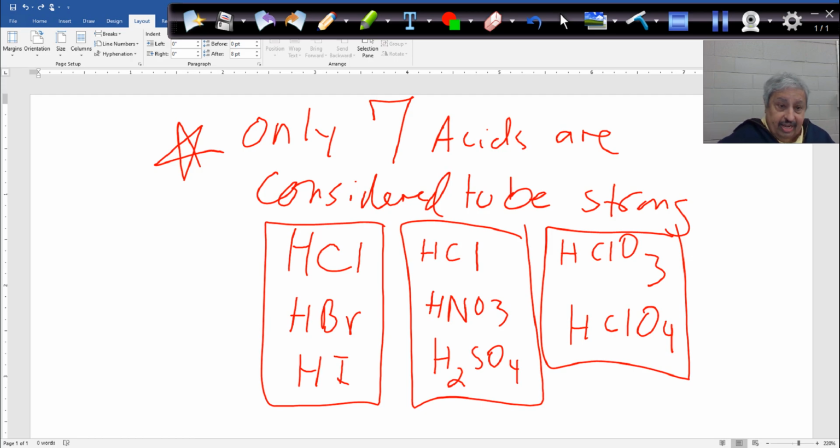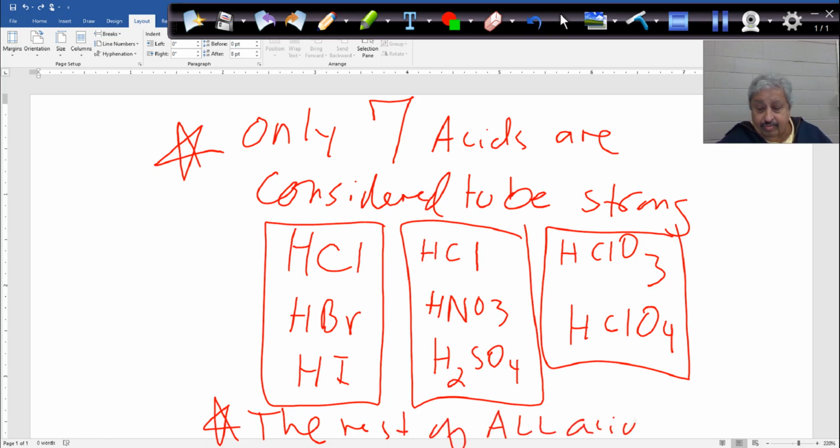So the rest of all acids is weak. Sulfuric, phosphoric. Yeah, 7 if we don't count perchloric, but perchloric is strong too.